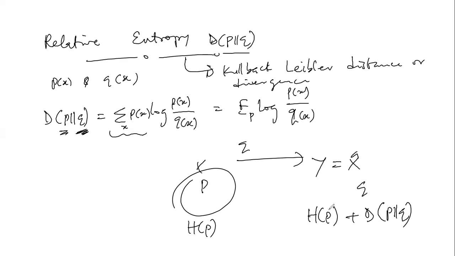Because the relative entropy is the measure of the inefficiency of assuming that the distribution is Q when the true distribution is P. So if we know the true distribution P of a random variable, we should be able to construct a code of average description length H of P. And if we now use the code distribution Q of X, we would need H of P plus the relative entropy bits on average to describe the random variable.